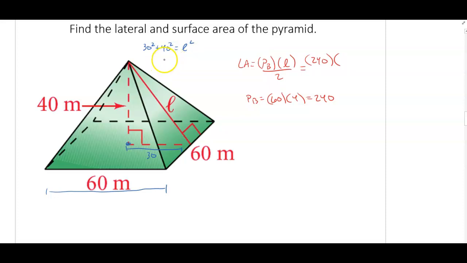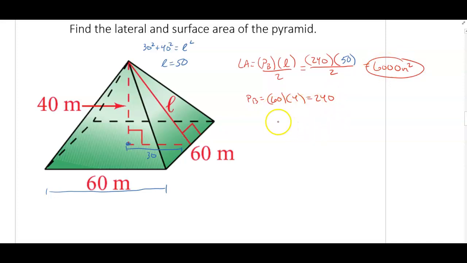And if you know the triple, your slant height would just be 50. So 240 times 50, all divided by 2, would give you 6,000 meters squared. Okay.